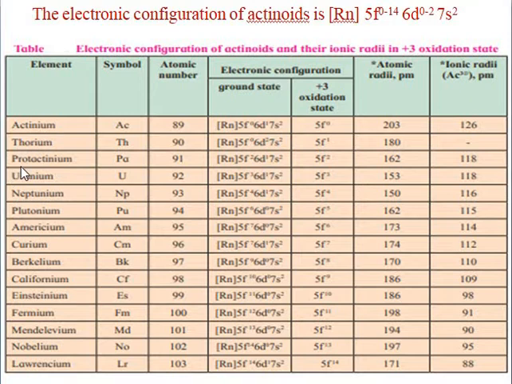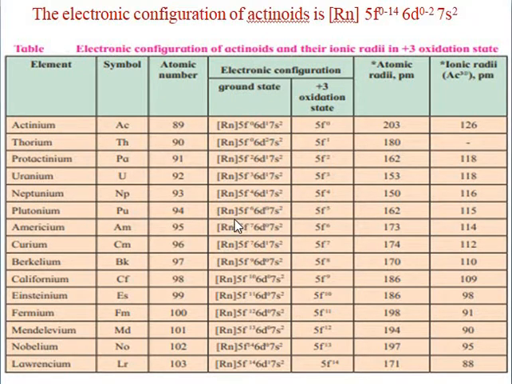And lastly from protactinium, of the 6d2 electrons, one electron from the d orbital enters the f orbital. Therefore, the first two members show 5f0 electron configuration, and then successively electrons enter the f orbital, including 6d1.